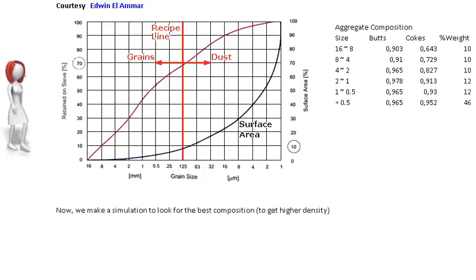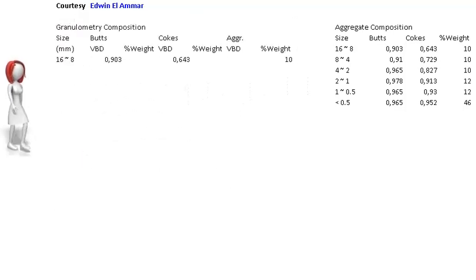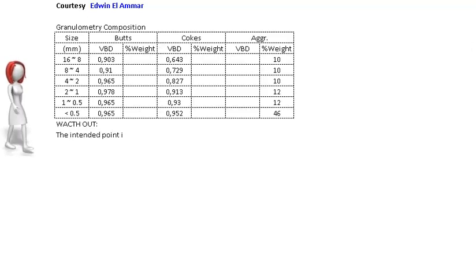Now, we make a simulation to look for the best composition to get higher density. Let's do the trial and error method to fill the table.